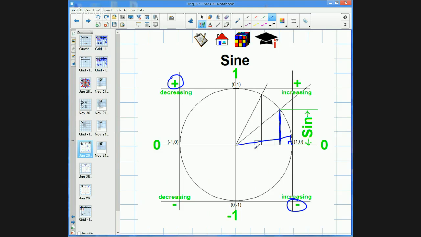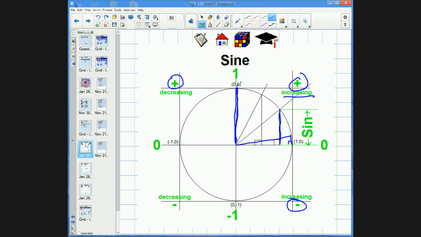So where did it begin? At 0 degrees, the sine was 0. It's increasing, as we see in this note up here in the top right. And because it's up, the first quadrant has all positives. We're getting higher and higher. And when we get to this vertical position, we actually don't have a triangle, but we can see the height of that is full height.